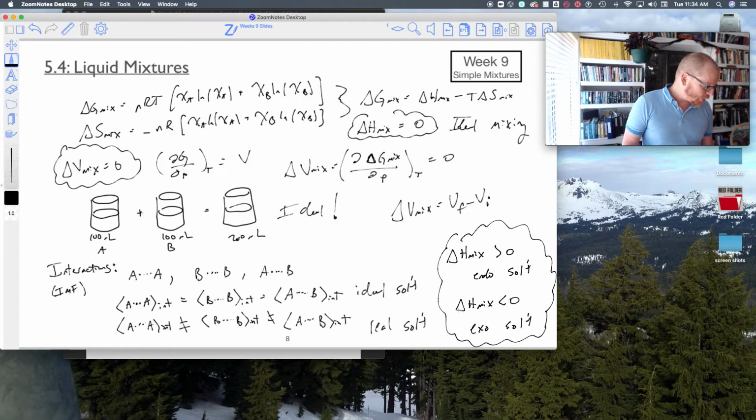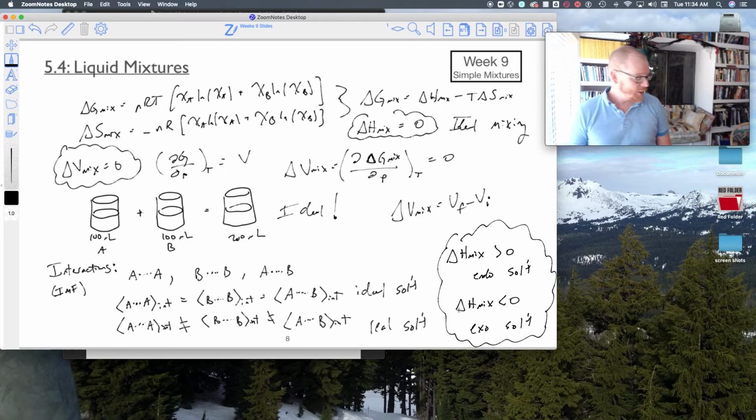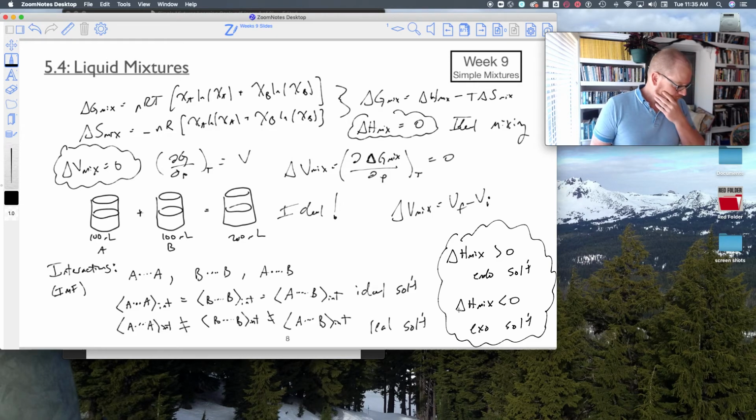Other examples of endothermic solutions are cold packs. One of the most popular cold packs is made up of ammonium nitrate. It's got ammonium nitrate crystals in it, and when you break it, there's a little pouch of water that dissolves those crystals. So you're mixing water and ammonium nitrate, and that actually requires an input of heat to get them to mix.